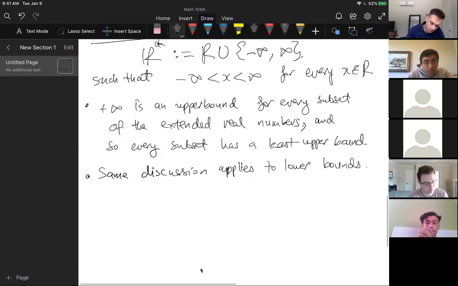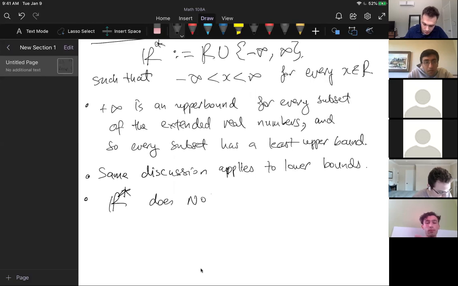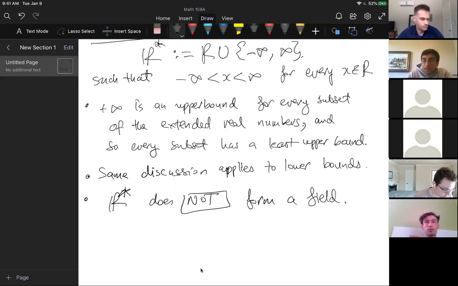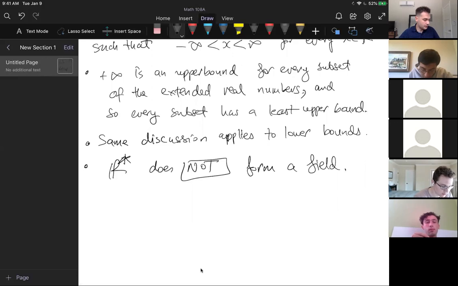Okay. Another important observation is that the extended reals, R star, do not form a field. Okay. I mean, we don't have inverses, for instance, for infinity. But it's not a field, but we do make the following convention.